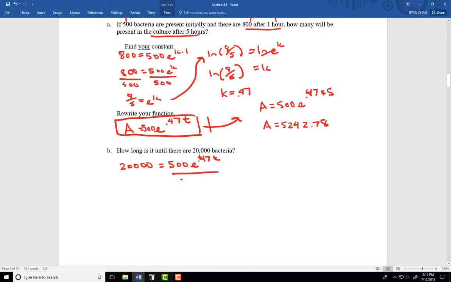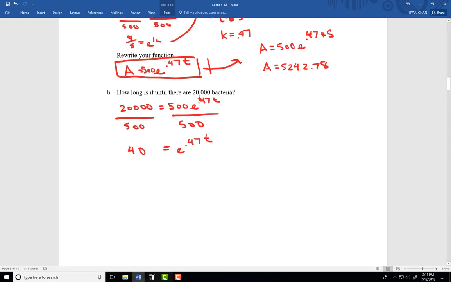So I'll divide both sides by 500. Always remember you cannot take the natural log until you have the base by itself. You can't have a number in front of it. So now I'm going to take the natural log of both sides.